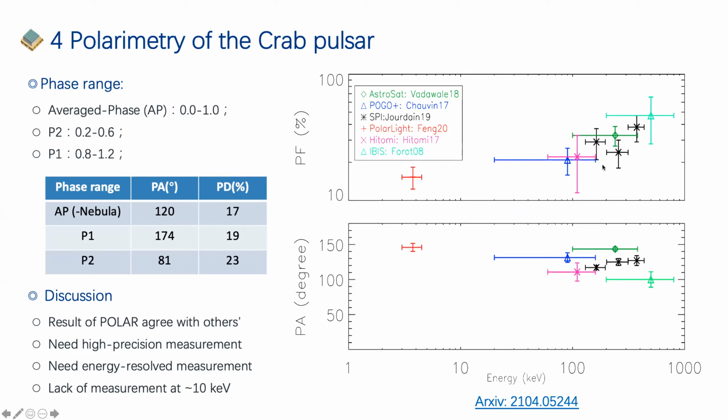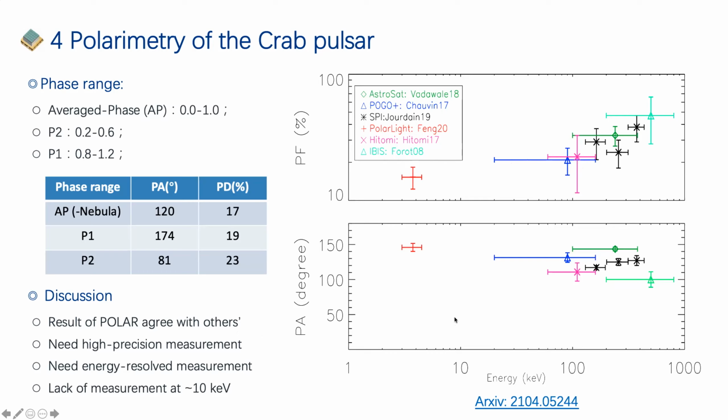We cannot answer these questions based on the current observation. And since some of these measurements suffered from unknown systematic effects because of no polarization calibration on ground, there are some doubts on some of these results. But anyway, high precision measurements and energy resolved measurements are needed to clarify some of these issues.